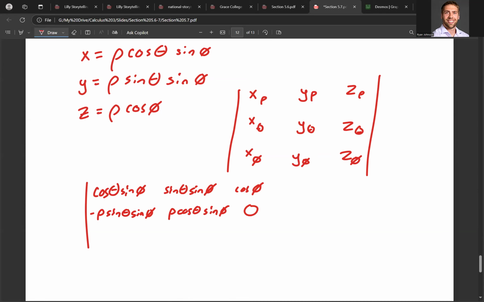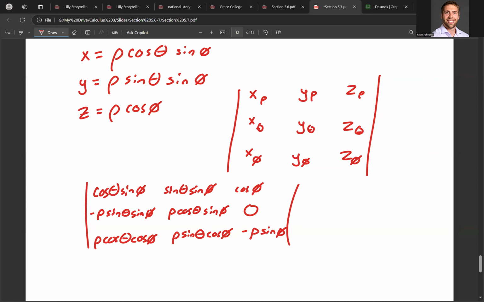Then all the phi derivatives would be rho cosine theta cosine phi, rho sine theta cosine phi, and negative rho sine phi.